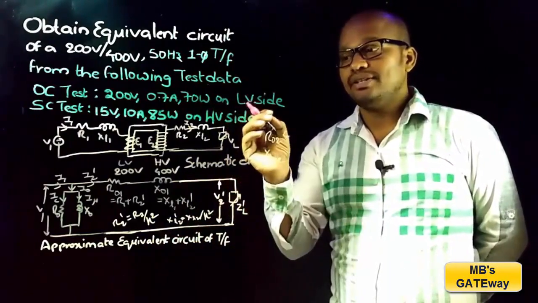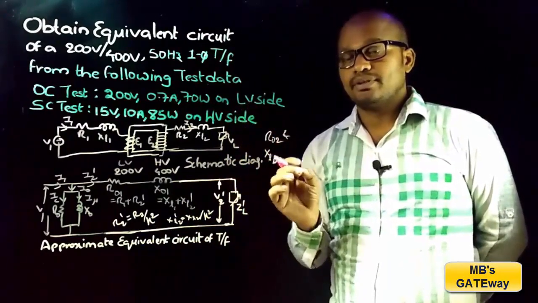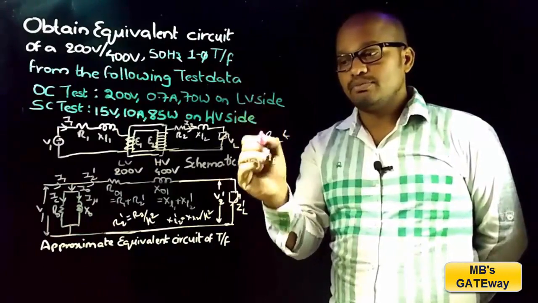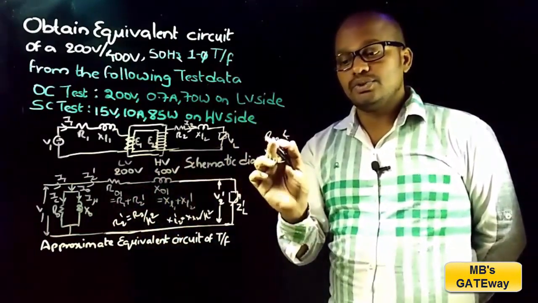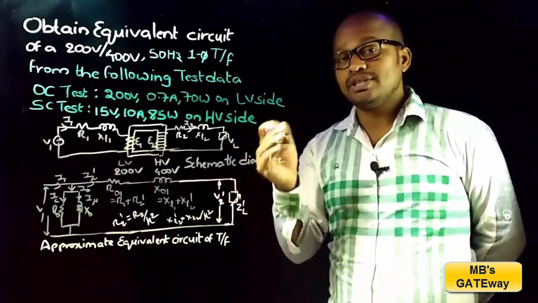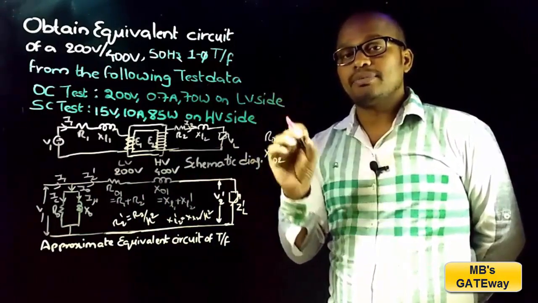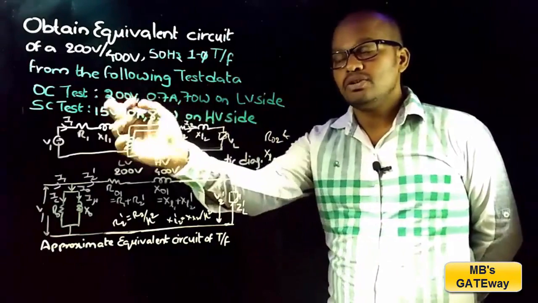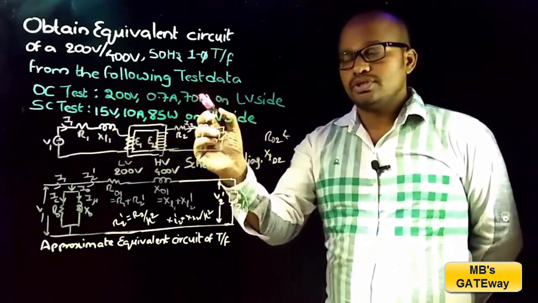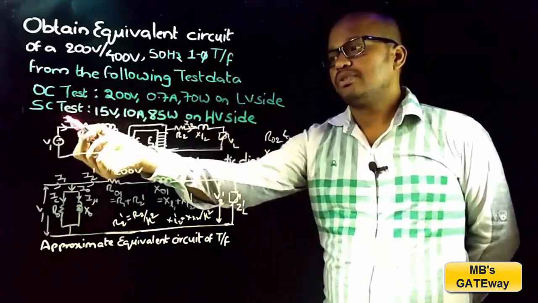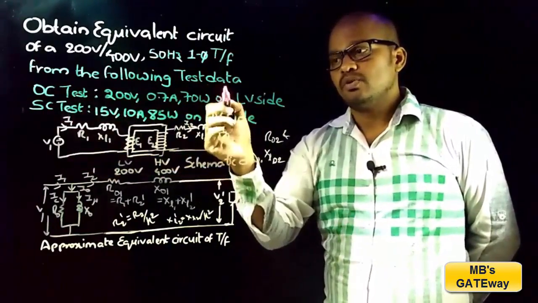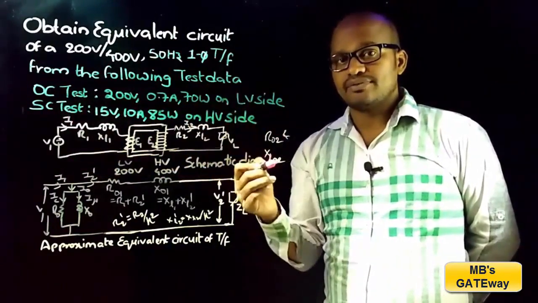and we can also find the copper loss of the transformer, and that series branch elements could be R01 and X01 or R02 and X02, depending on the side at which the meters are placed while performing the short circuit test. From this question you can note that OC test is performed on LV side and short circuit test is performed on HV side, which are the preferred sides of the transformer.